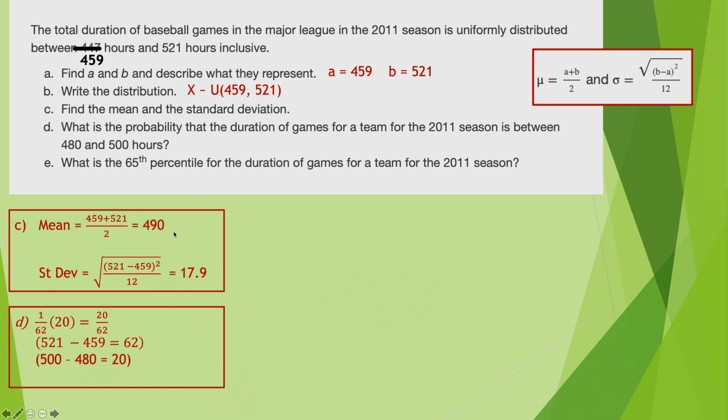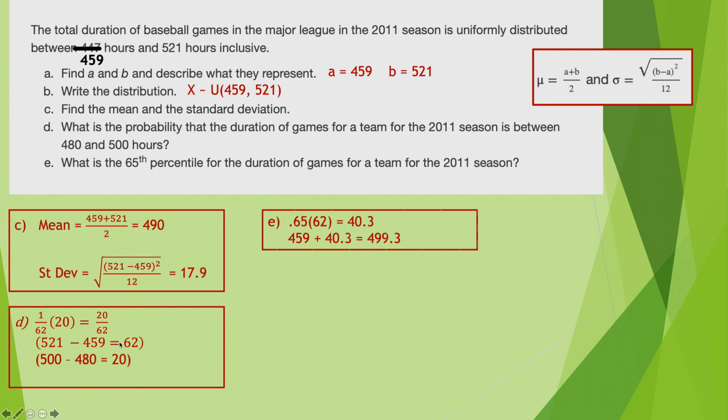And there are only 20 values between 480 and 500. So it's 1/62nd, one for each of those hours of duration. And then 20 is the number of hours we're investigating from 480 to 500. So 20 times 1/62nd is 20 over 62.